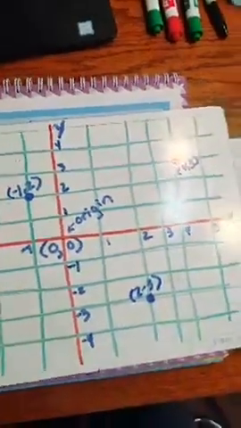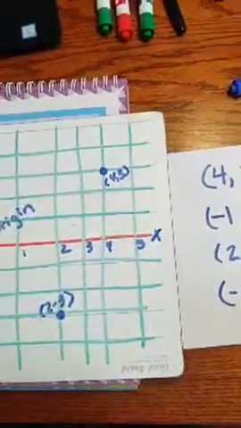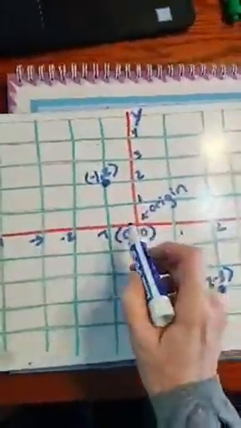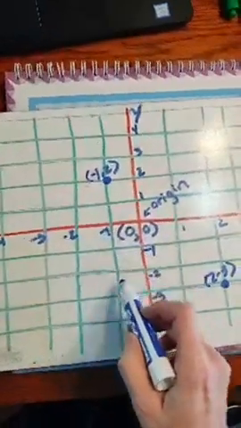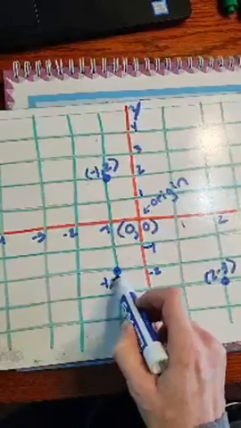Okay, let's try one more. Let's try -1, -2. There it is, -1, -2.